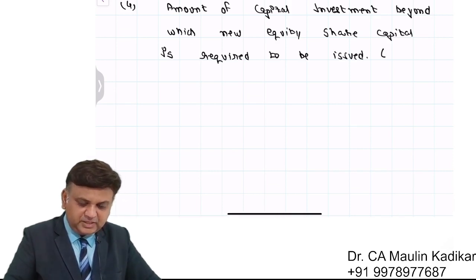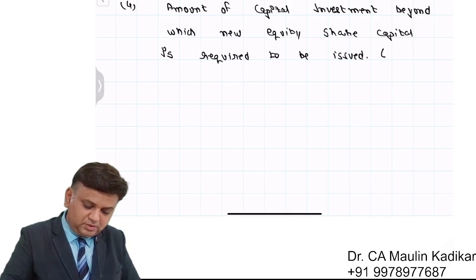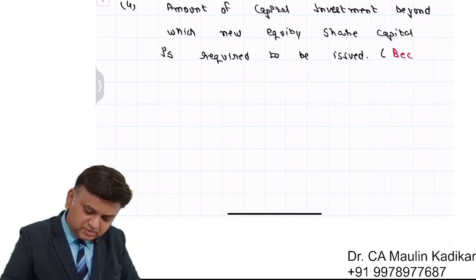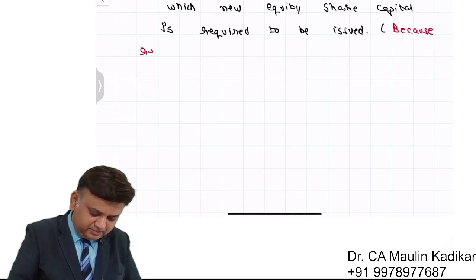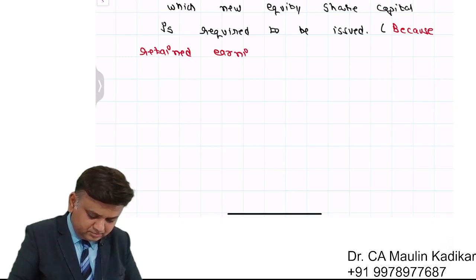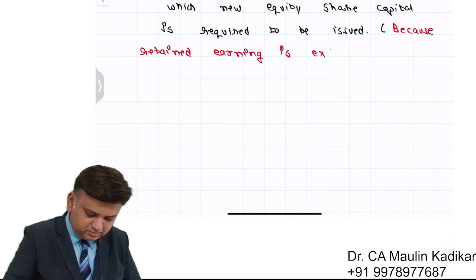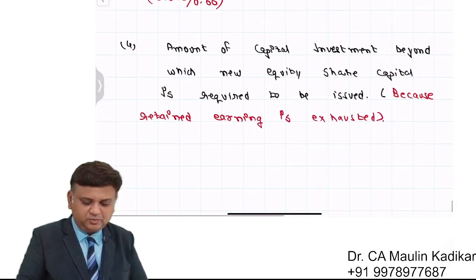Full stop. In bracket write down: because retained earning is exhausted. Bracket over.